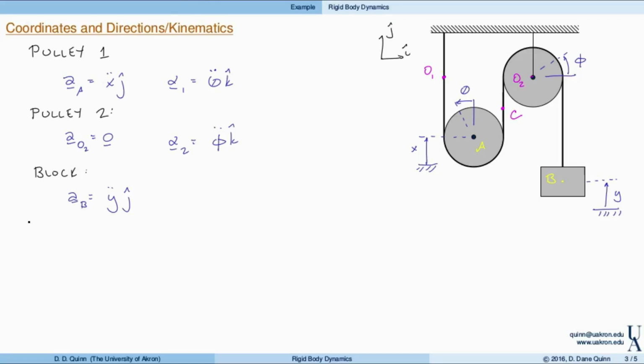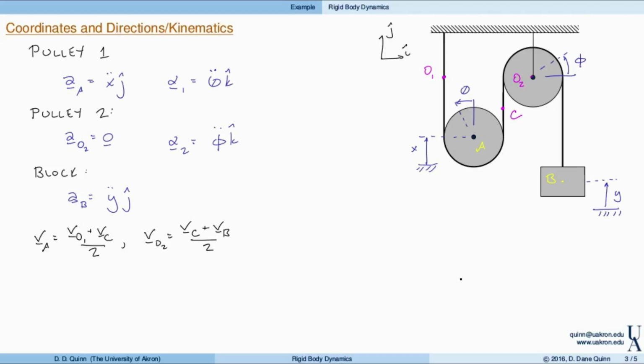So as we've done for the kinematics of pulley systems, we look at pulley 1, and we see that the velocity of A is the velocity of a point on the left, which is O1, plus the velocity of a point on the right, C, divided by 2. For the second pulley, we have a similar relationship. Velocity of the center is the velocity of the left, where the left is point C, plus the velocity of the right, which is point B, divided by 2.